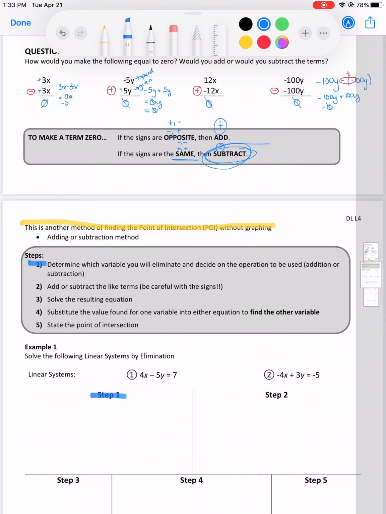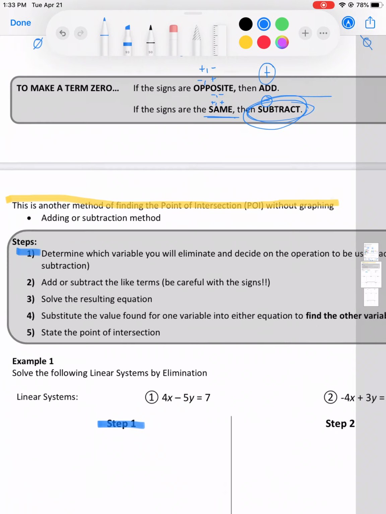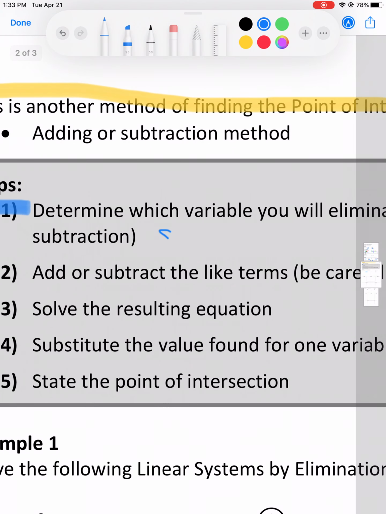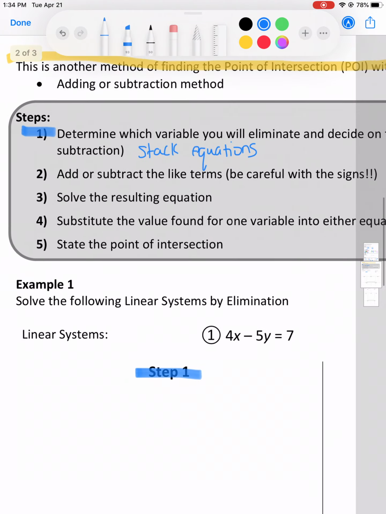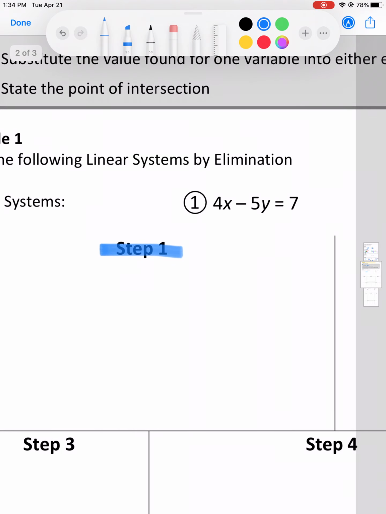Okay. So it says determine which variable you will eliminate and decide on the operation to be used. So the first thing to do, I would say, is we can stack them. Okay, so my first equation, doesn't matter the order.